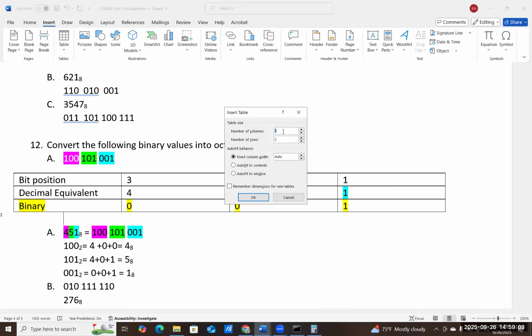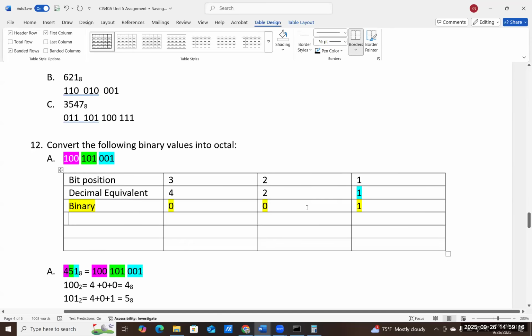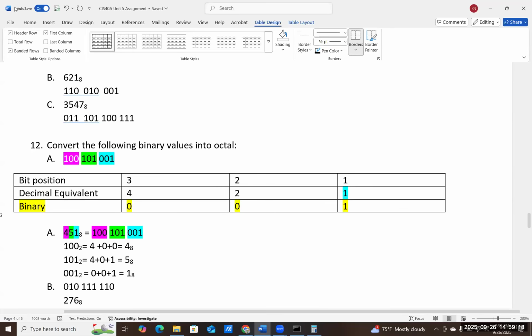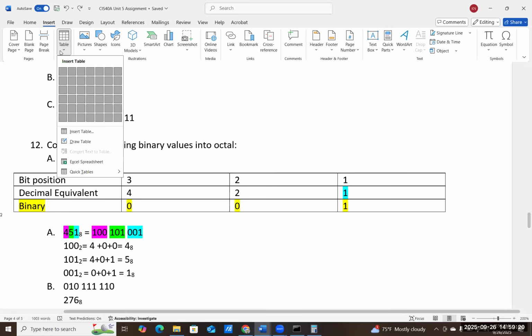And 3 rows. So you can specify 4 columns and then 3 rows, and it automatically scales if you have it on auto here. And there you go. Right? So again, just insert your table and then you specify how you want it.